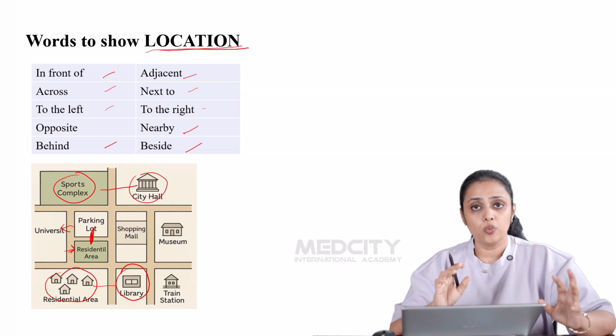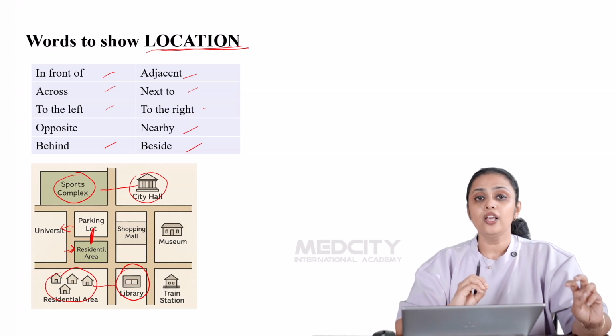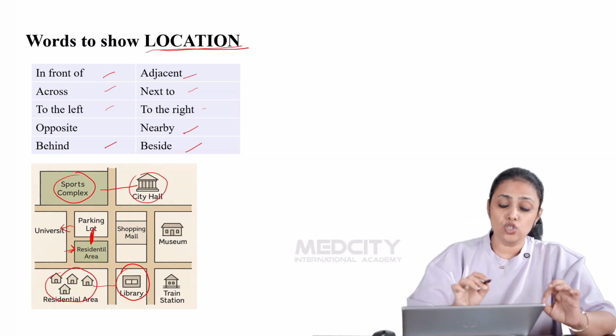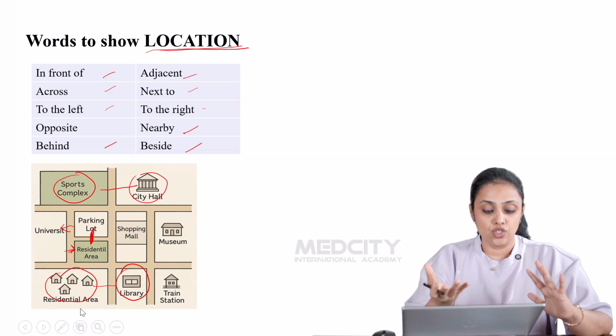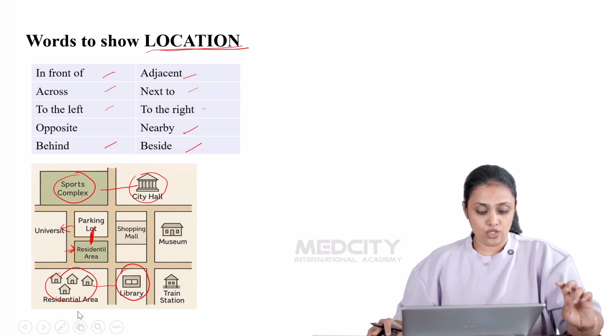So these kinds of words will also be helpful when it comes to maps. These are words to show location: left, right, in front, behind, adjacent, beside, opposite, and so on.